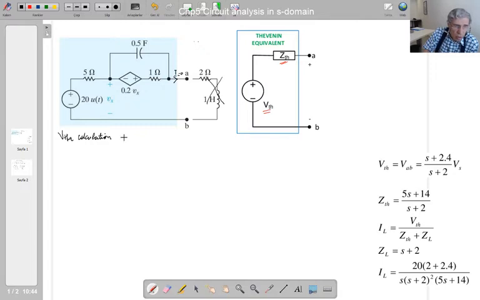So that means open voltage of A and B is equal to VTH. So I'm going to calculate that VAB. That VAB is going to be VTH when these AB terminals are open circuit.